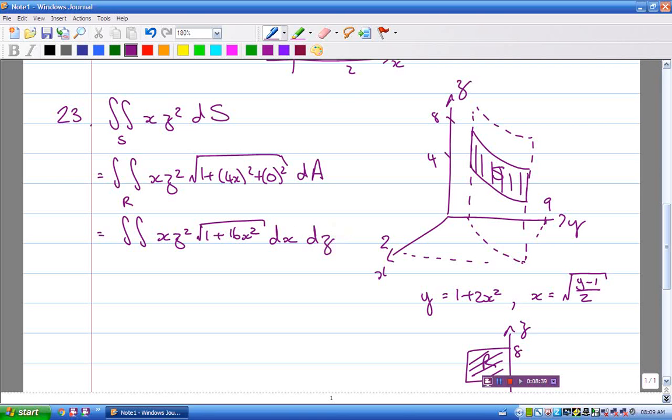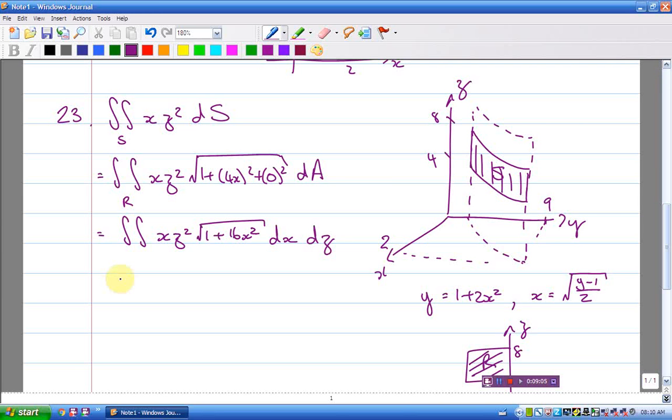So I have to ask myself, what did I differentiate with respect to x to get that integrand? Well, I have a quadratic inside my square root and linear x outside my square root. I could do substitution. I could make u equal to 1 plus 16x squared, and then my du would have an x in it, and so that x sitting in the integrand would get gobbled up in my du.